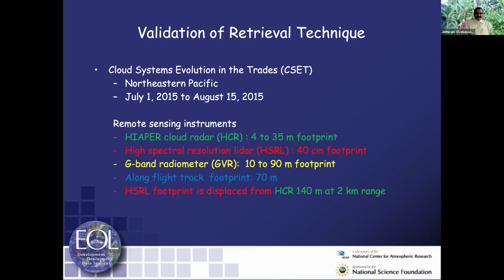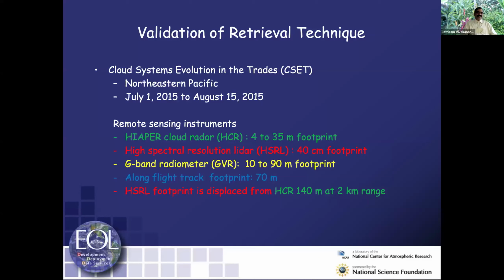Then the radiometer we had is a G-band radiometer, 183 gigahertz. The footprint varies from 10 to 90 meters. Along the flight track the footprint is 70 meters, basically every second. The HSR footprint is displaced from the HCR, depending on how they mounted it, at 142 kilometer range. Anyway, that's not that important in this case.